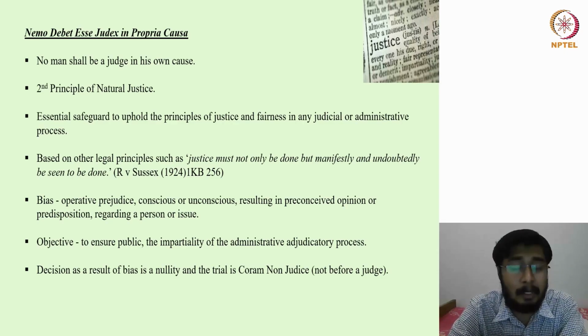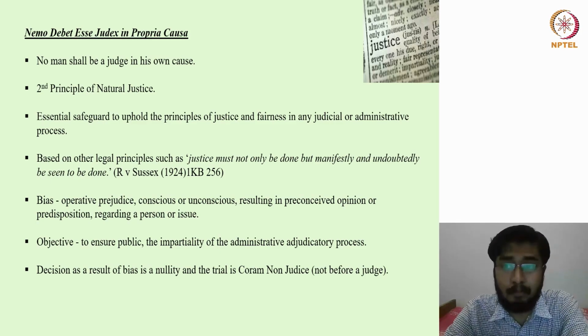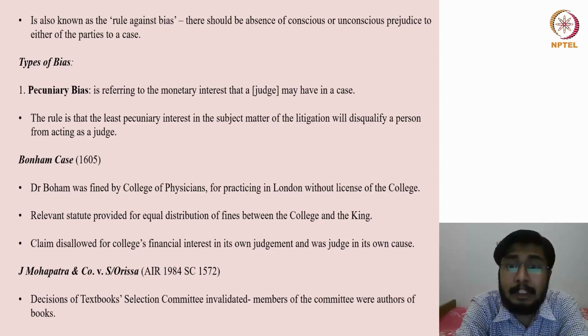The objective is to assure the public that there is impartiality in the administrative adjudicatory process, and a decision as a result of bias is a nullity, and the trial of a quorum non judice is therefore not before a judge. This is also known as the rule against bias, and there should be an absence of conscious or unconscious prejudice to either of the parties to a case.